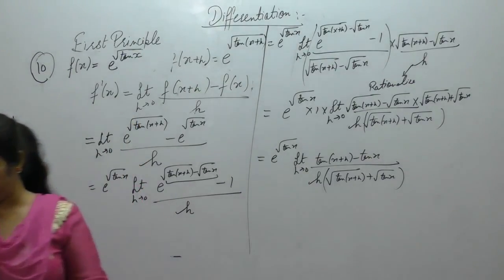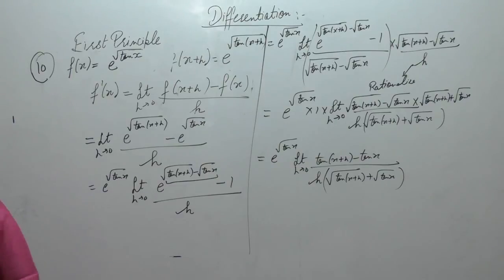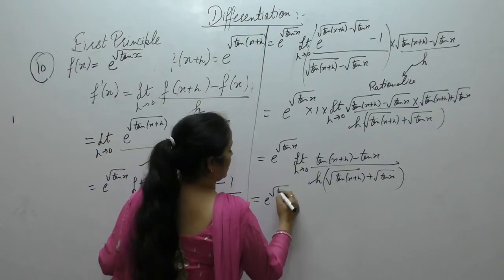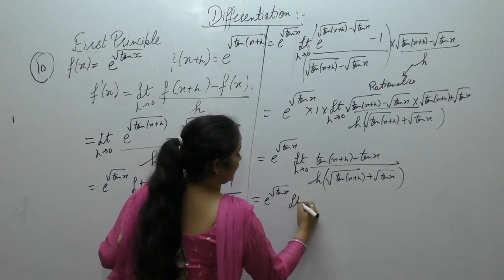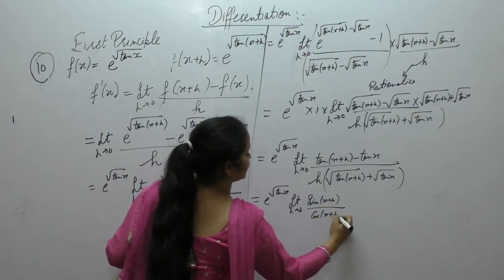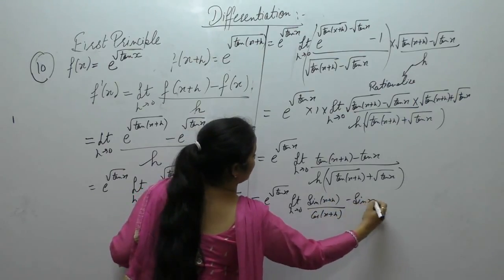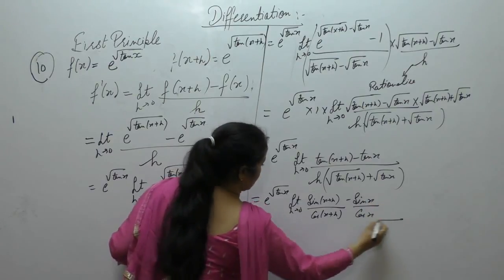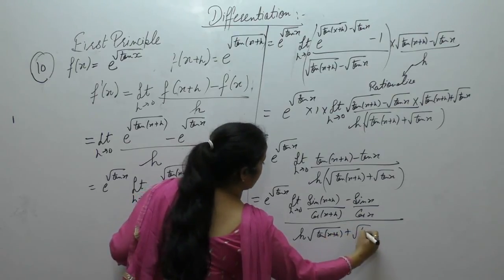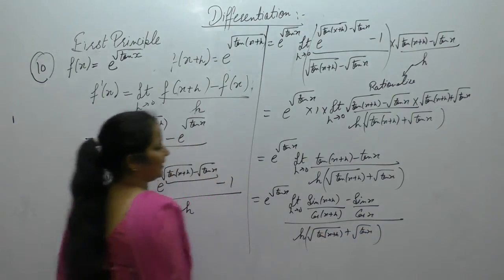Clear up to here? Now we can write it in the form of sine and cos. Limit h tends to 0, sine x plus h upon cos of x plus h minus sine x upon cos of x upon h square root of tan x plus h plus root of tan x.